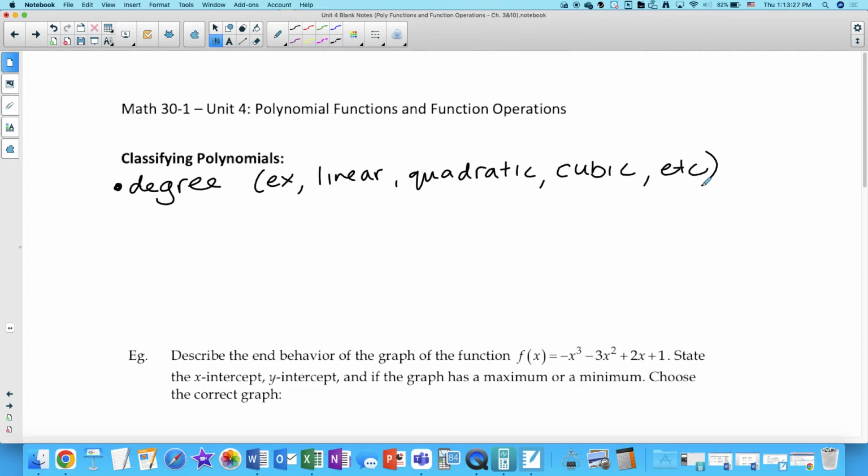But in reality, if you think about functions and why we have them, they're to model things in real life. Now in the field, we don't really see much beyond degree 3 a lot because the world exists in 3 dimensions.